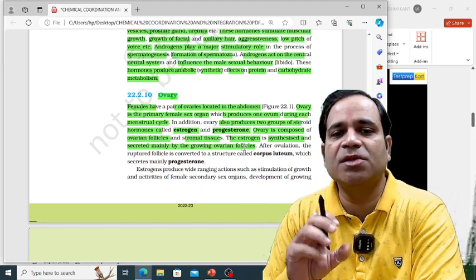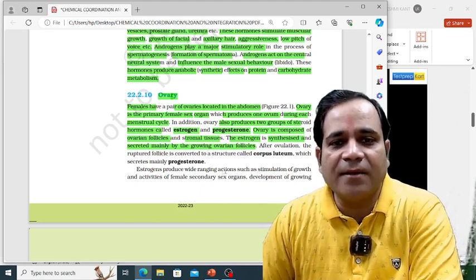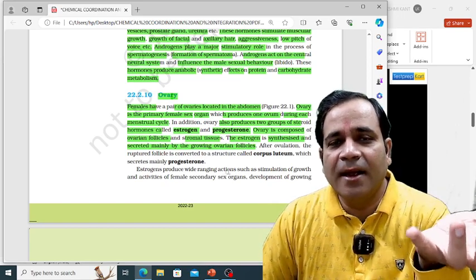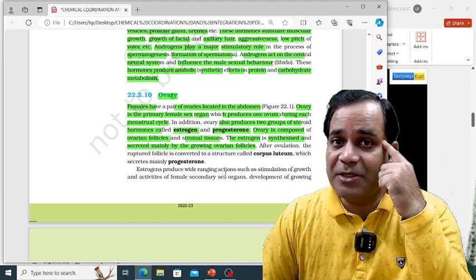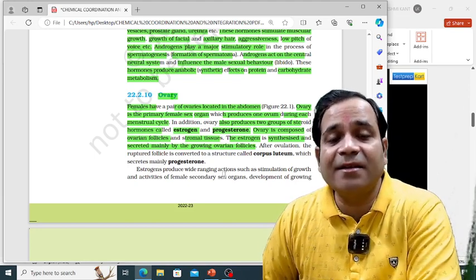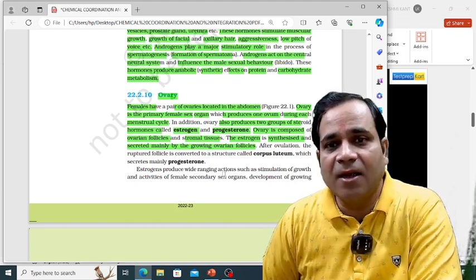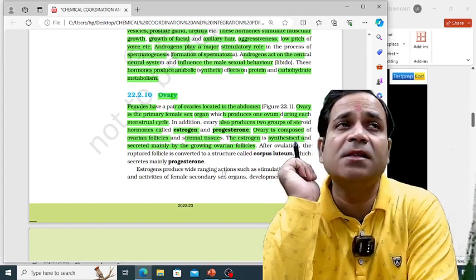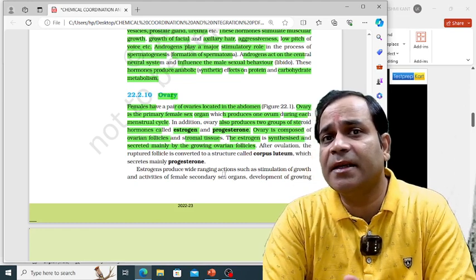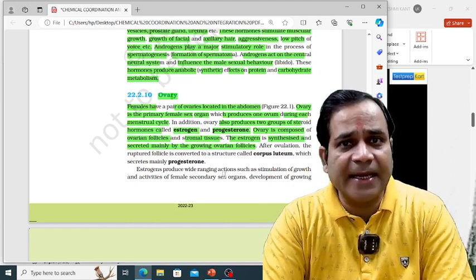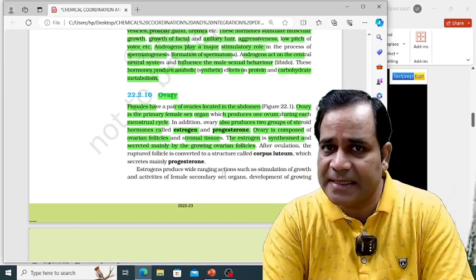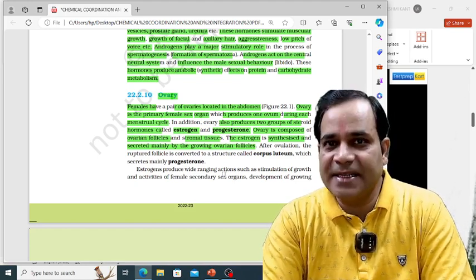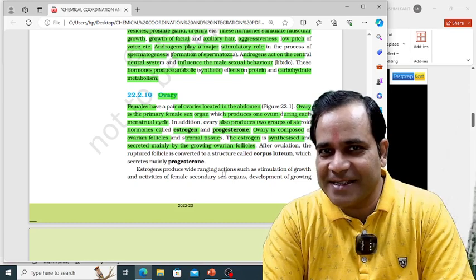At the time of growing, the follicles mature the ova, and at the 14th day of ovulation, in human reproduction you have studied the menstrual phase, proliferative phase, ovulatory phase, then secretory phase.